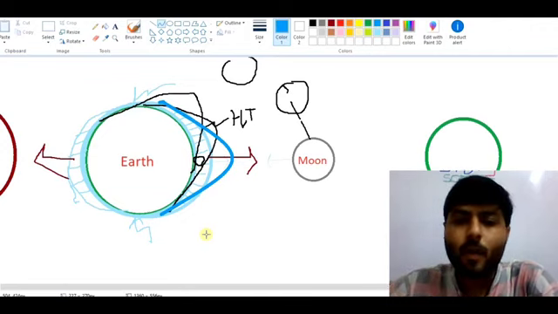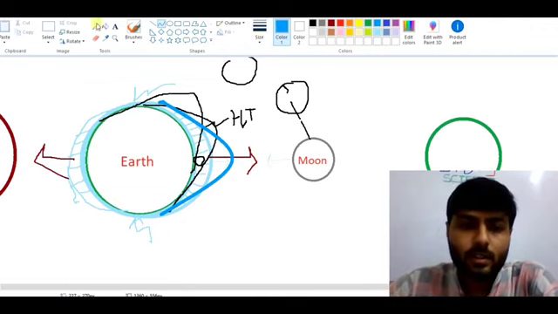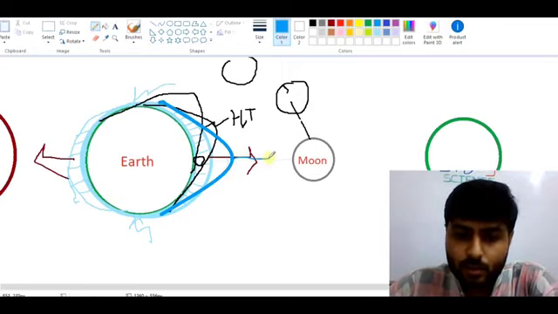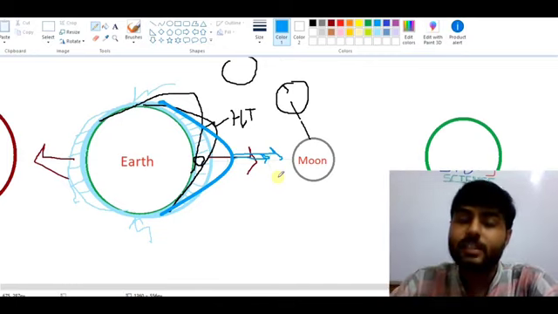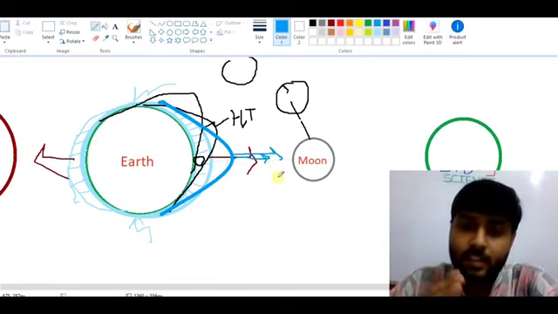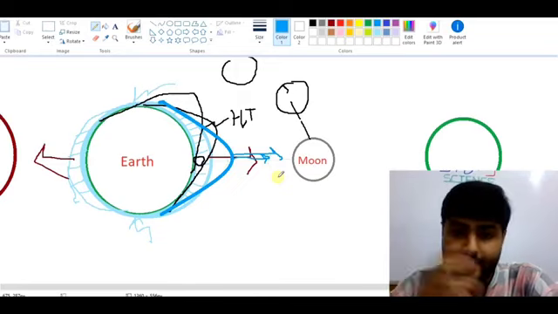Why? Because here the moon tries to pull this water in this way, and the sun also tries to pull this water in this way, which means there is addition in force of gravity.